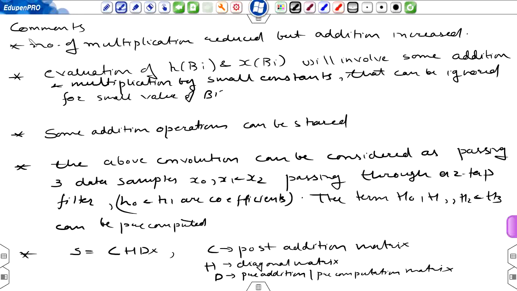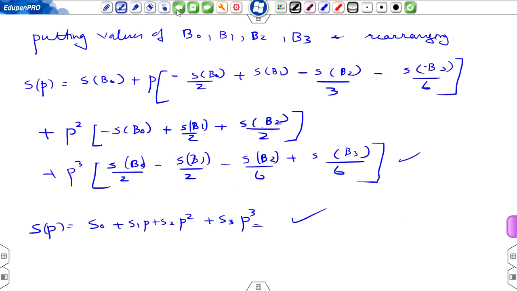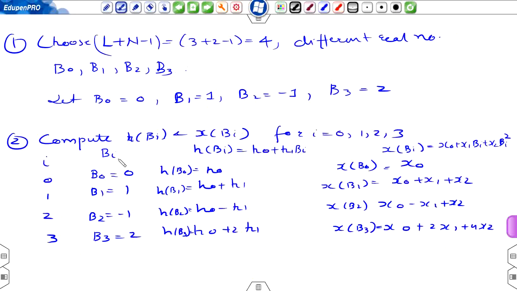So based on the last example, I can make the following comments based on the observation. Comment number 1 is that the number of multiplications is reduced, but at the same time the number of addition operations is increased. Okay, evaluation of h of beta i and x of beta i will involve some additions and multiplication by small constants, like this is an addition operation, multiplication by 2 and 4, and addition and subtraction operations.